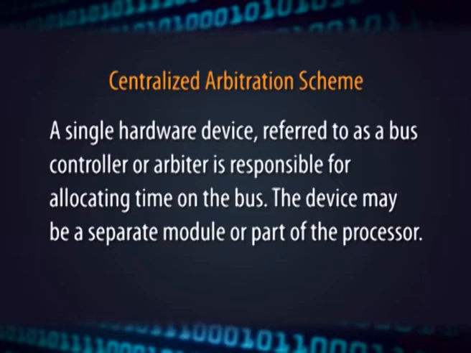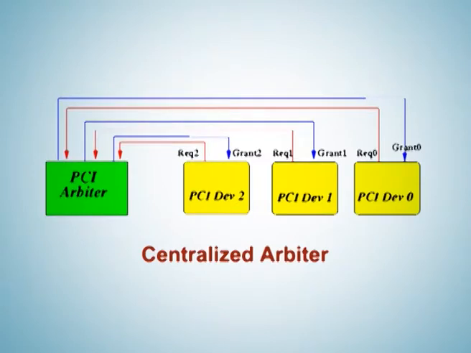The device may be a separate module or part of the processor. Any device willing to take control of the bus is required to make a request to the bus controller. The bus controller, depending upon the priority of the device, assigns the control of the bus to the requesting device.